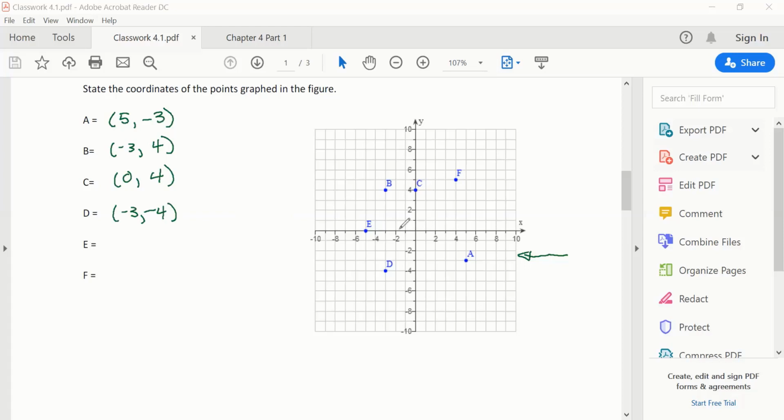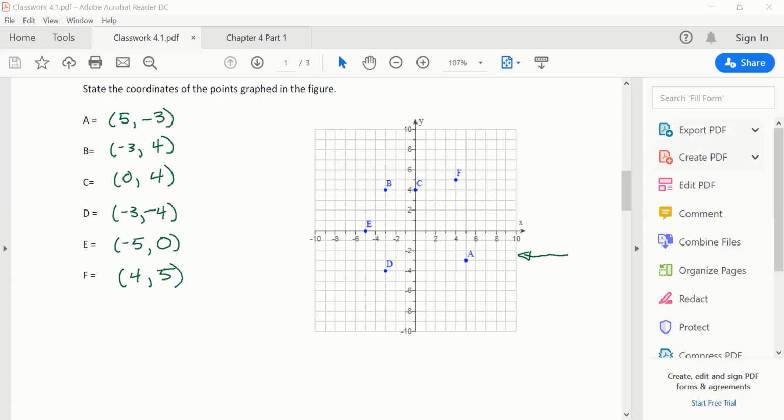E in the x direction goes left, so negative to -5. And it's not going up or down, so it's at 0 for the y direction. And finally for F, we're going over to 4 in the x direction, and then we go up to 5 in the y direction.